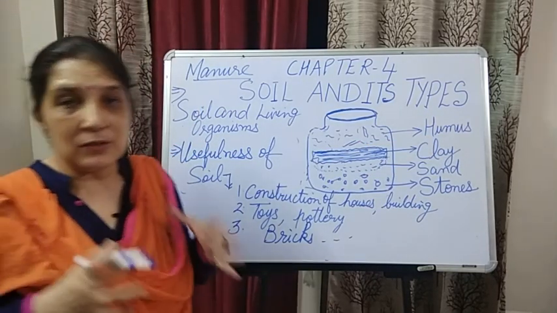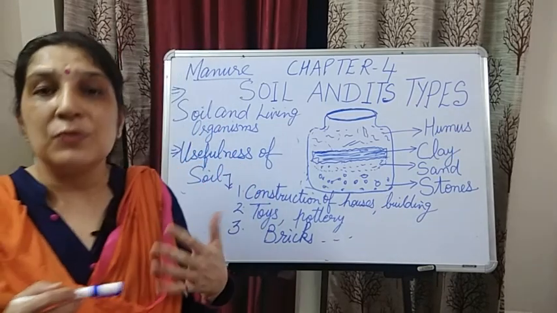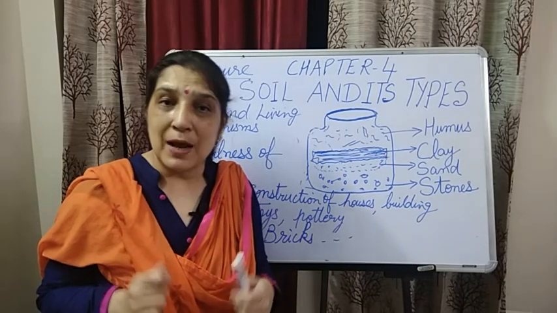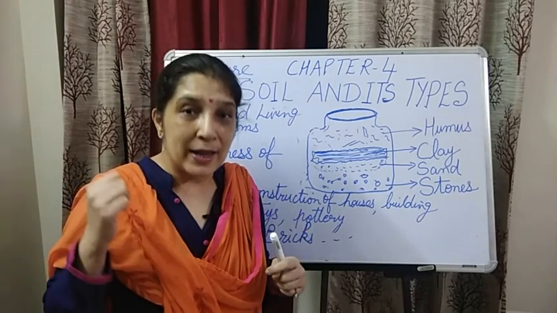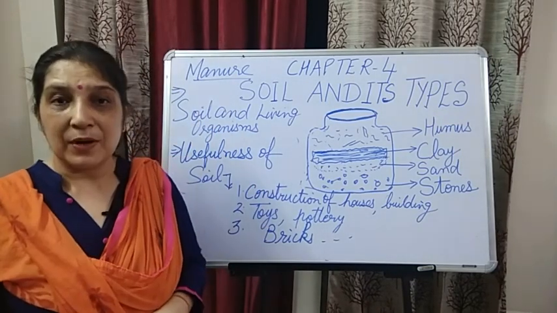So manure is important, it is essential. When we put manure in the soil, the plant becomes healthy and the crops become good. So healthy plants need good manure also.